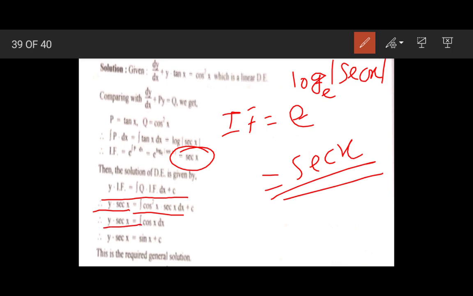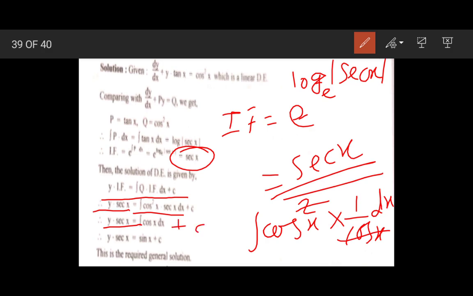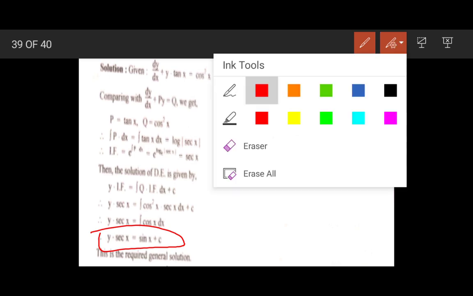Here cos square x into sec x is cos square x into 1 upon cos x, so one cos x will cancel out, and that will be the integral of cos x dx plus c. Now the integral of cos x is sin x. So finally we get the solution as y sec x is equal to sin x plus c, which is the required general solution of the given differential equation.